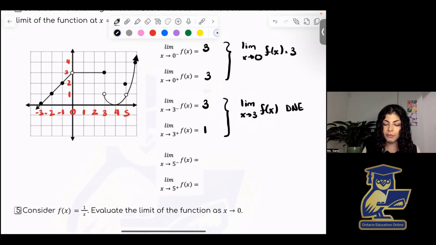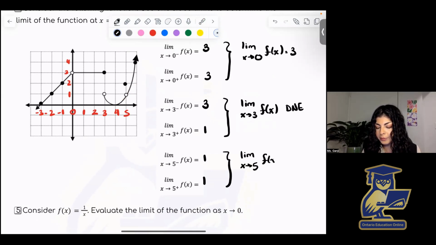And finally, we look at when x is 5. So approaching from the left-hand side and the right-hand side, I am approaching 1 in both cases. And so here we can say that the limit of x approaching 5 of the function is 1.